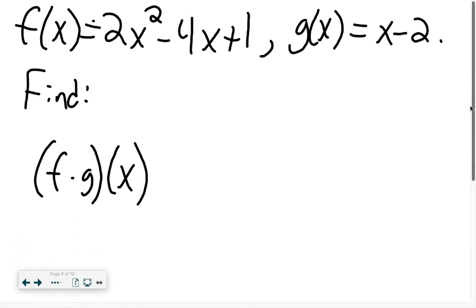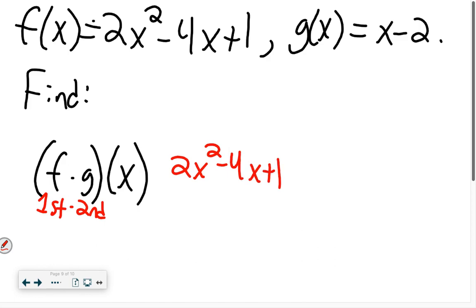So let's look at this f times g of x. Again, this is just the first times the second, okay? So I'm just going to rewrite my first one down. So we have 2x squared minus 4x plus 1 times our second equation, which is x minus 2.